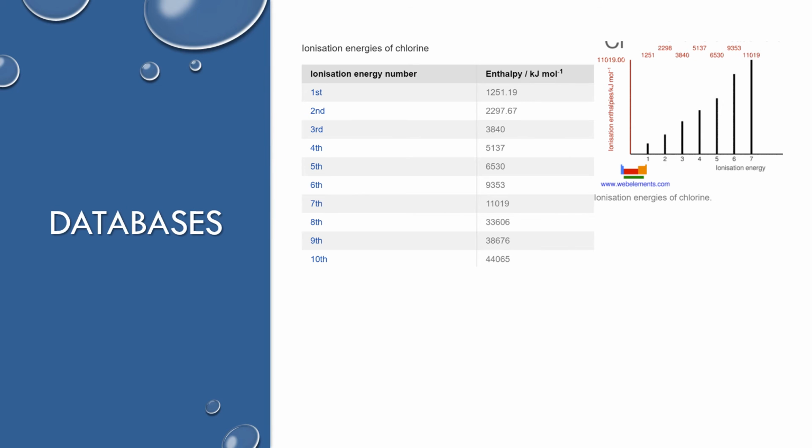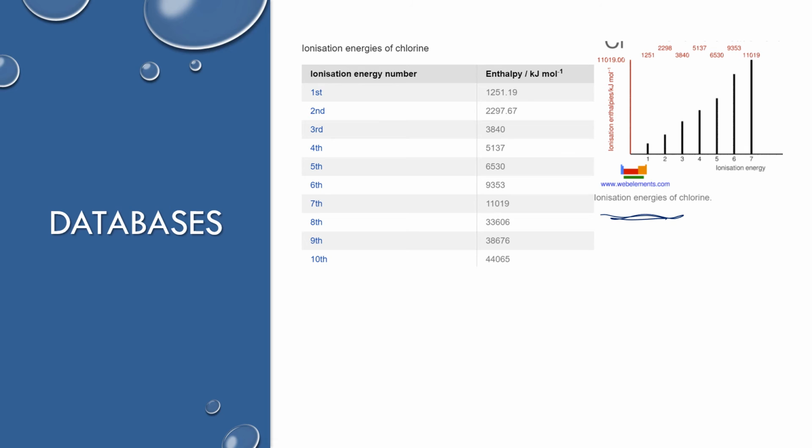This is a really good section to work on one of the tools for chemistry, that being databases. You'll be able to look these up for free in particular databases. I used webelements.com, and it's completely free, and you can find the ionization energies for different elements, including successive ionization energies.